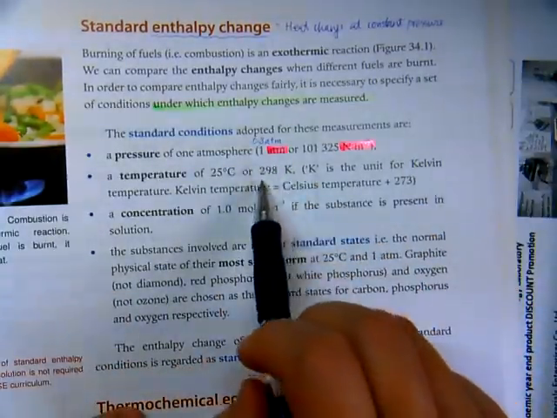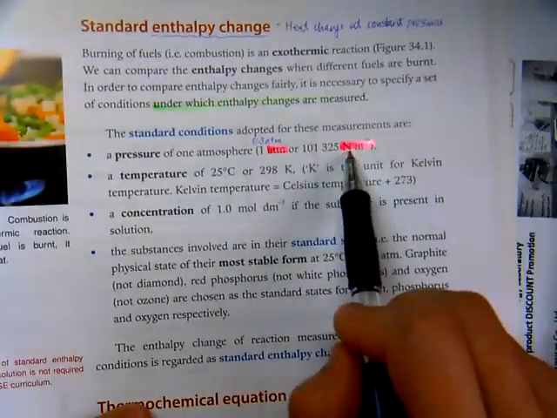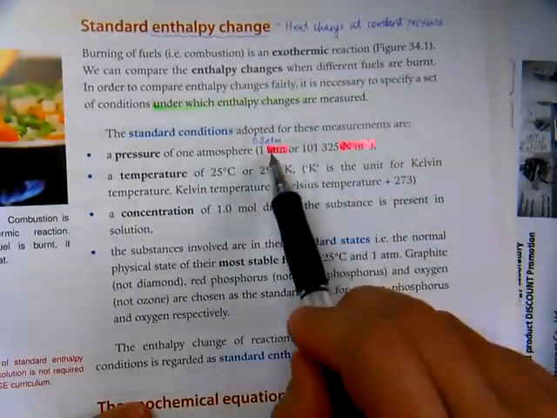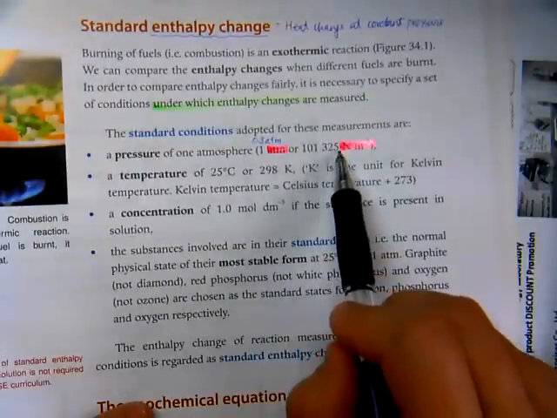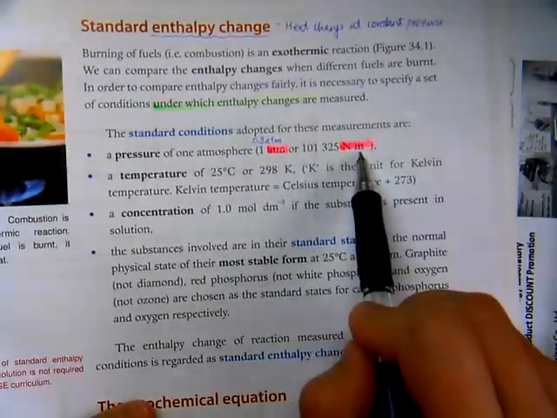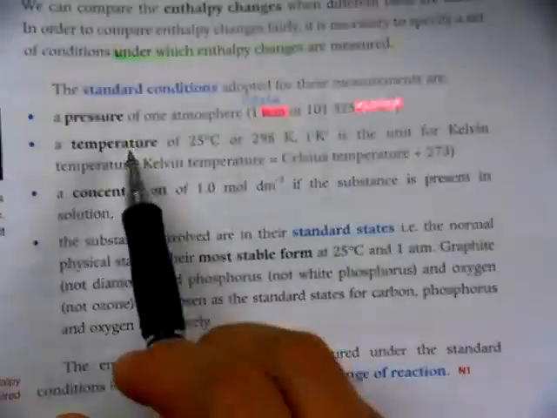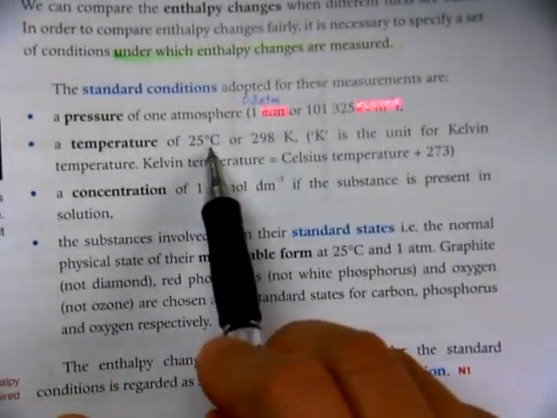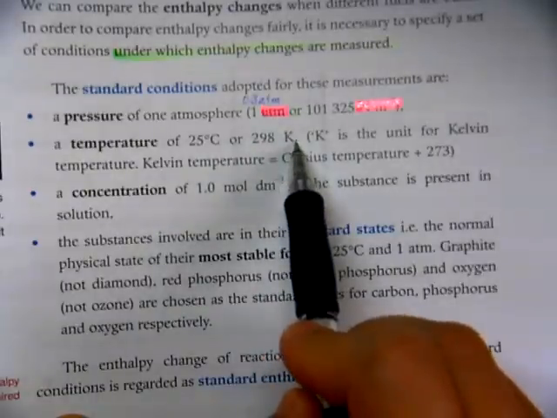ATM is a commonly used unit for pressure. Another commonly used SI unit for pressure is Newton per meter square. 1 ATM stands for 101.325 Newton per meter square. Next, if we are talking about temperature, the temperature must be 25 degrees Celsius or 298 Kelvin.